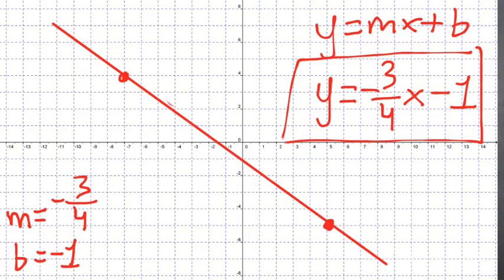And then punching it in to its appropriate spots, which is the m variable and the b variable. And just like that, that is the name of this line. That is how this line is written out. Y equals negative 3/4x minus 1. Any questions on this?